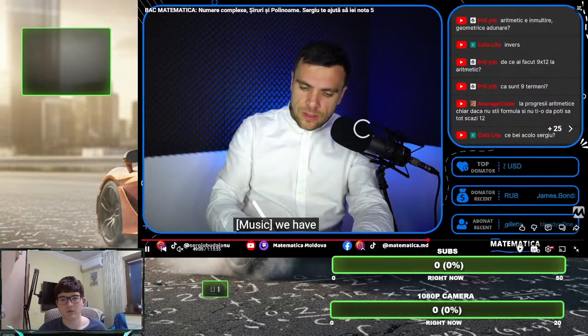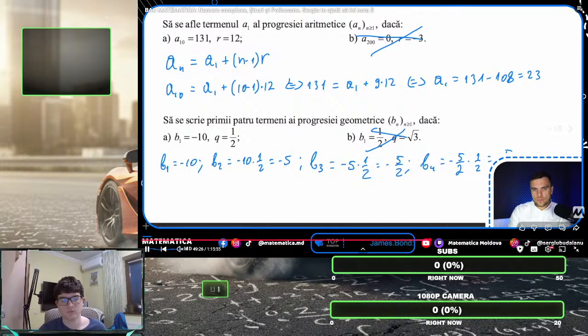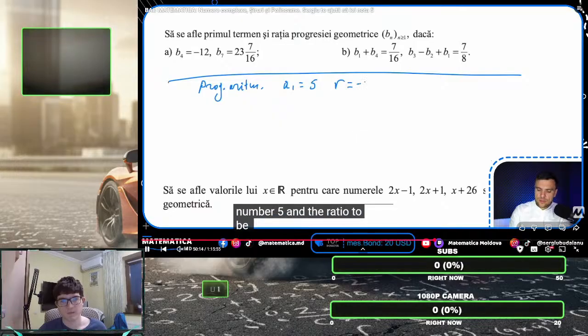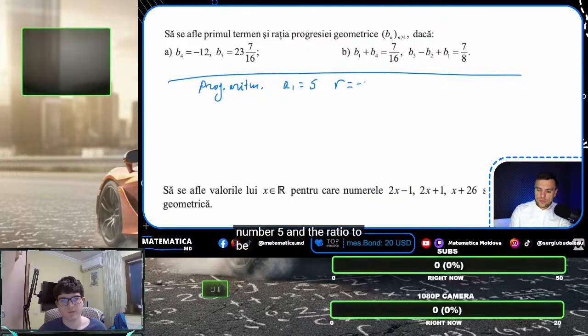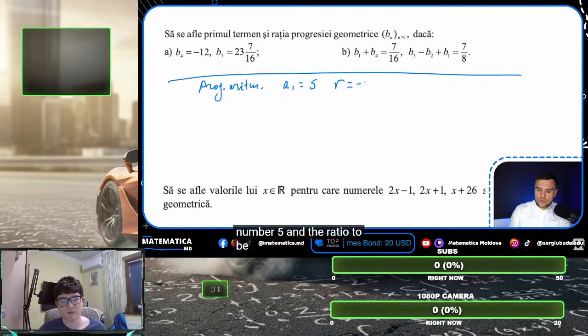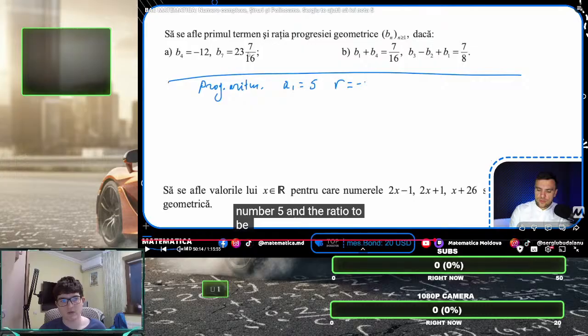This is something else. Okay, now we've got to find the first term and the ratio of the progression. Knowing that B of 4 is minus 12 and B of 7 is 23 and 7 divided by 16.